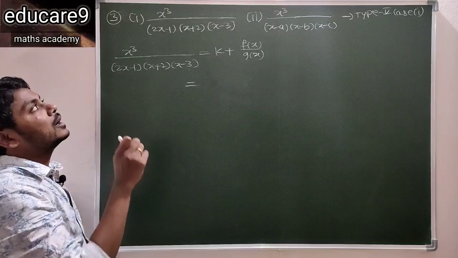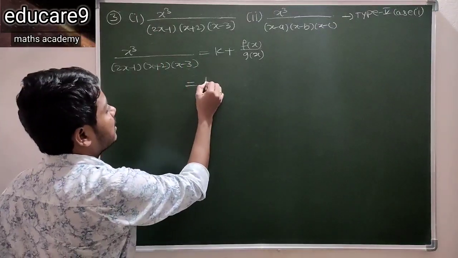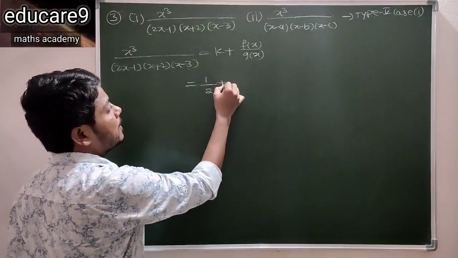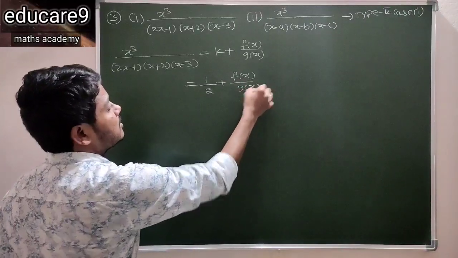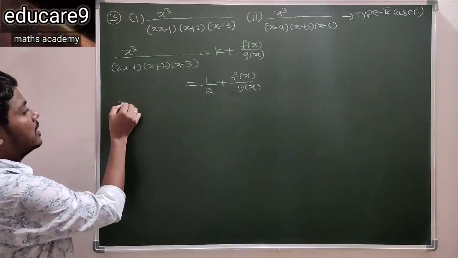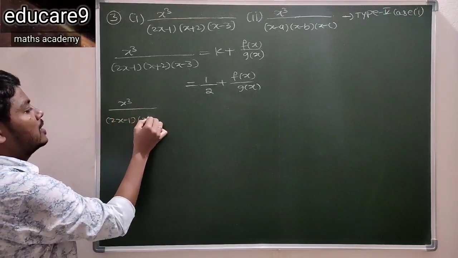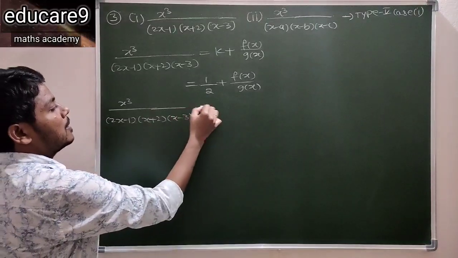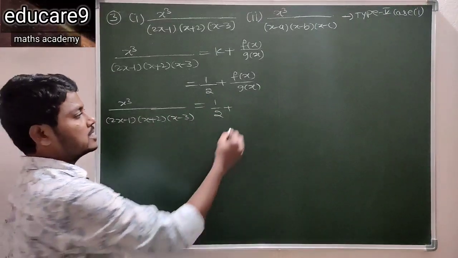Quotient of highest degree in numerator, that is 1, in denominator 2 only. Plus f of x by g of x. So that is x cube by (2x minus 1)(x plus 2)(x minus 3) is equal to 1 by 2 plus, how to write this?